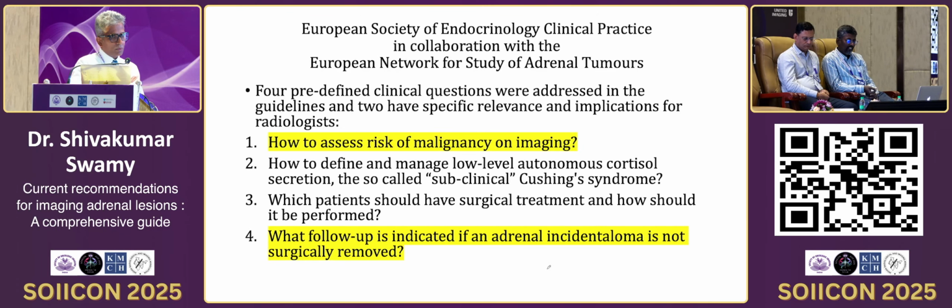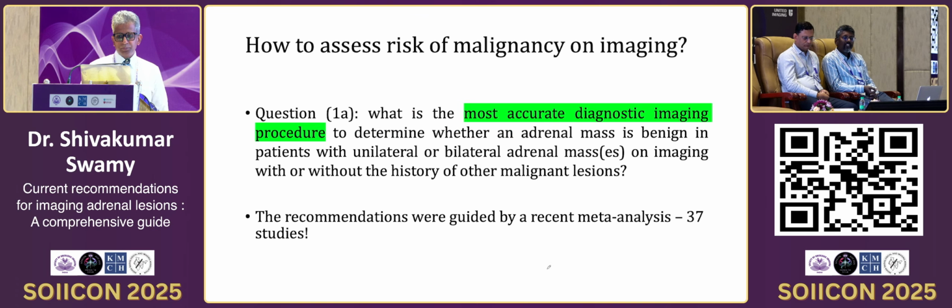And what is the accurate diagnostic imaging procedure that can be employed? That's one thing we should know when we are doing the assessment. And the second thing is, can we say it is benign or malignant? And with unilateral and bilateral nodules, what are the recommendations and guidelines we have to give?